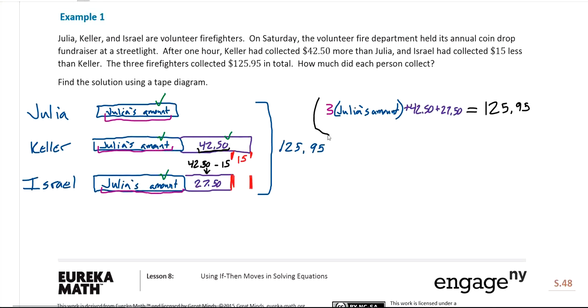Okay, let's keep going. I notice that we can add $42.50 and $27.50. So I'm going to drop down the 3 times Julia's amount, and we will combine $42.50 plus $27.50, and that will give us $70.